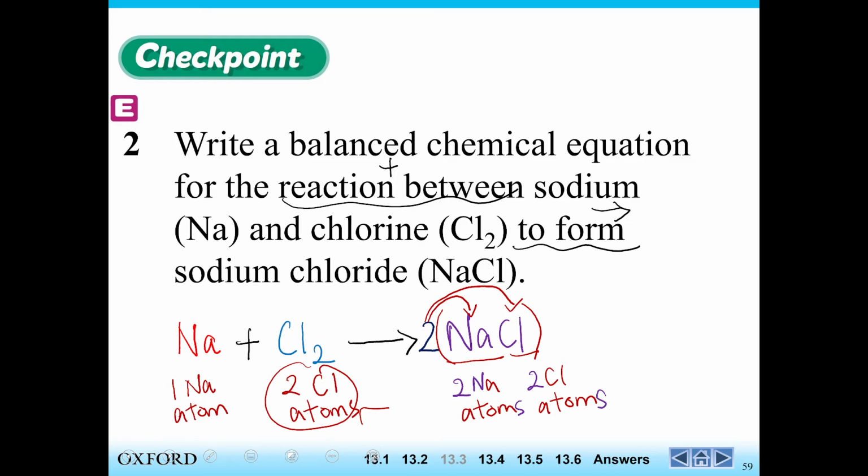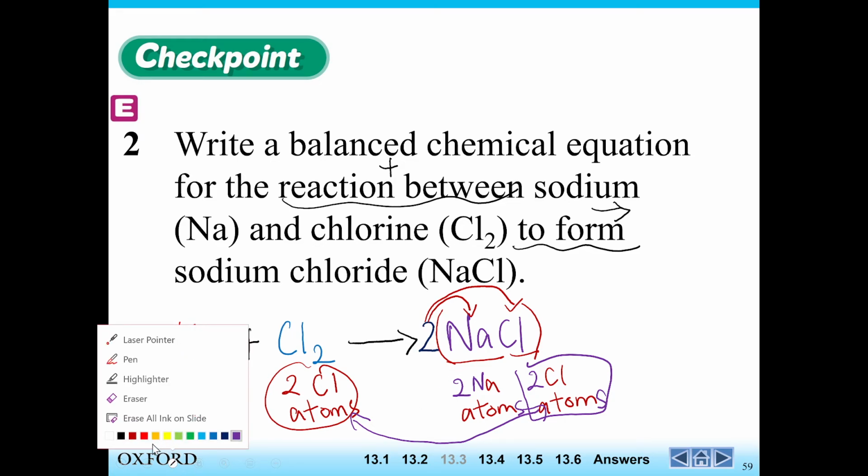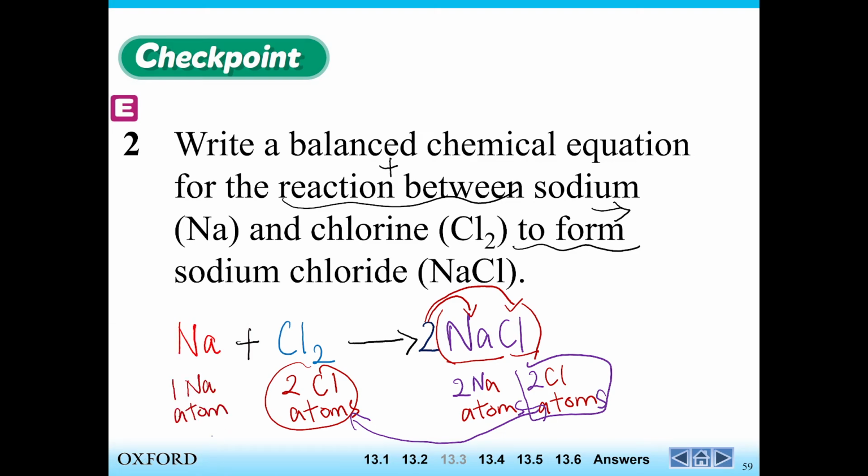Now, does it match with the left-hand side? You will need to always double check, because anything you change on the product side, you might need to change on the reactant side as well. So for chlorine atoms, you can see these two are perfectly balanced. But now the sodium atom is the problem, because there's one here only and there are two here.